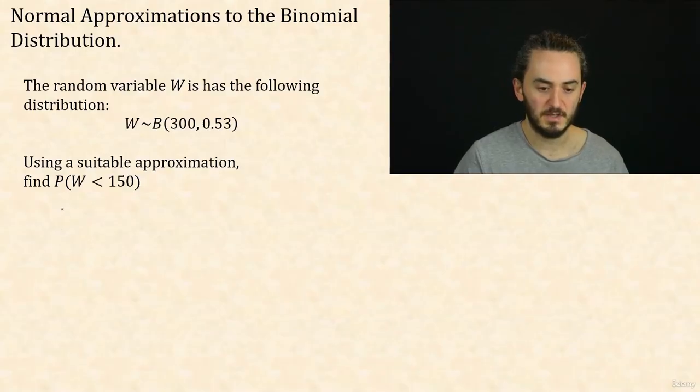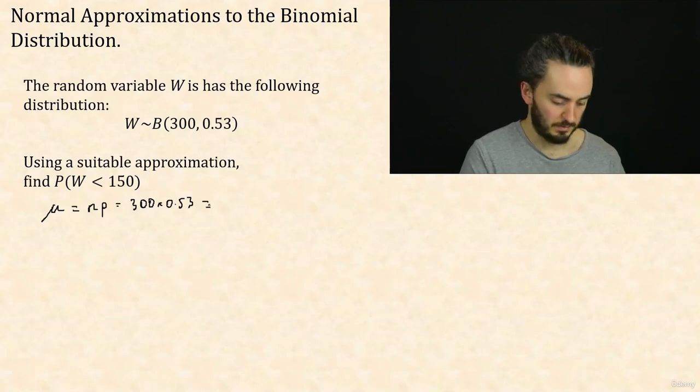Okay, so what is its mean? Well, the mean is going to be n times p, which is 300 times 0.53, which is 159. So 159 is our mean of our normal distribution, and our variance is np(1 minus p).